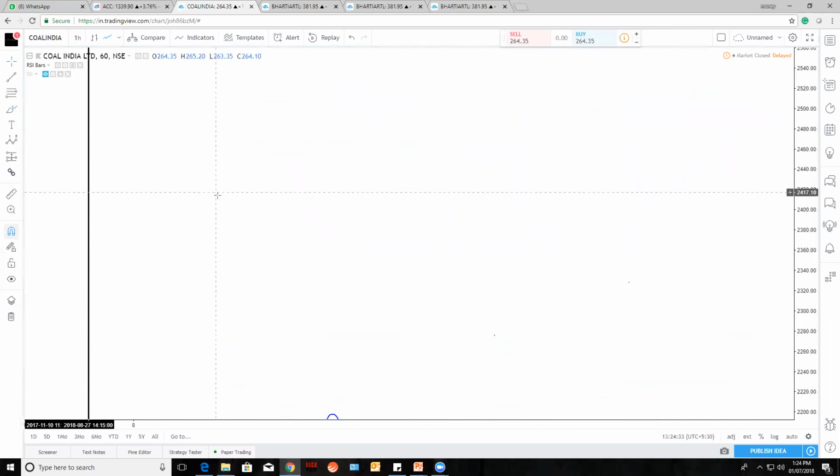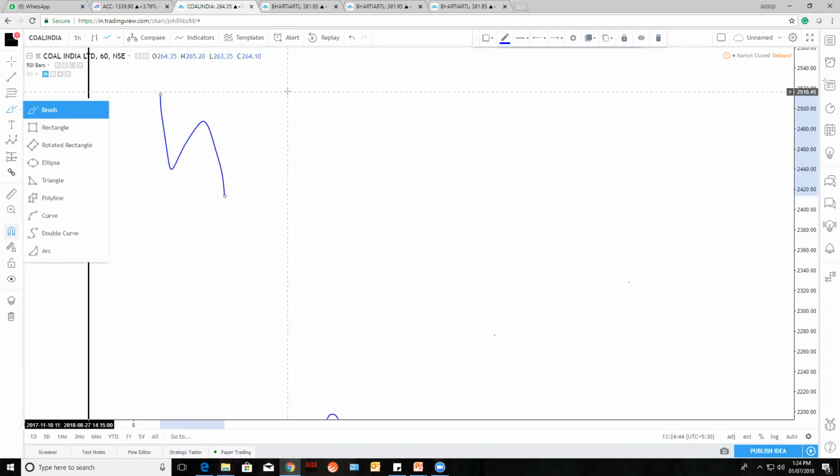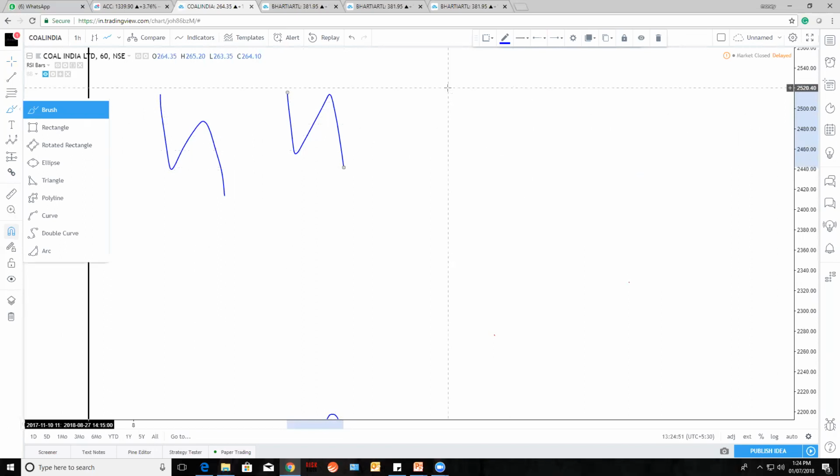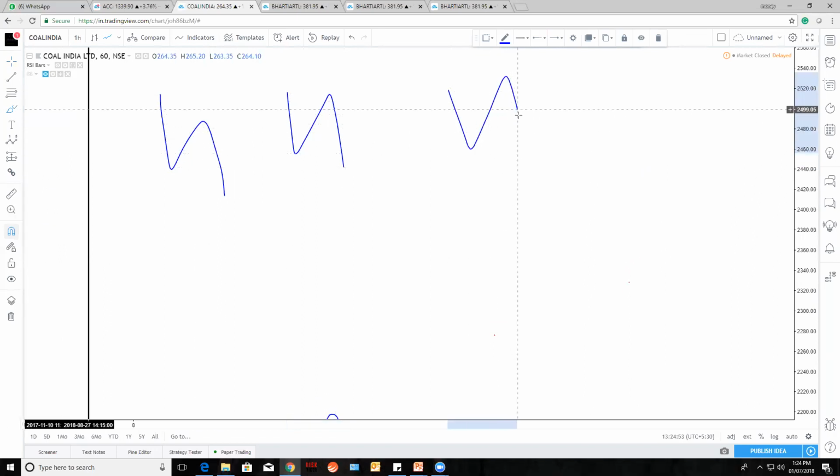You have seen the B wave possibilities in flats. Now I'll draw once again. Let's say this is one possibility of a flat. This is a second possibility of a flat, up to 100%. This is a third possibility, more than 100% and then going less than 100.